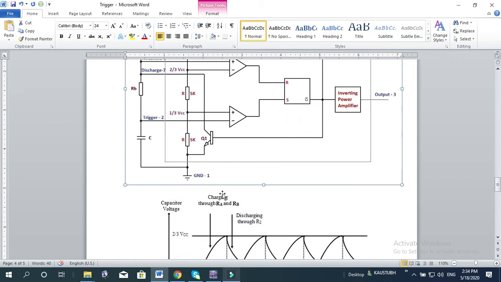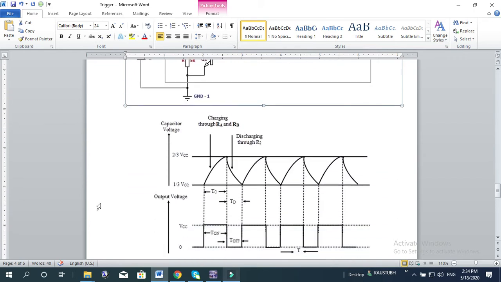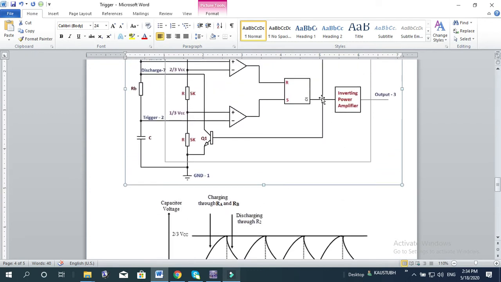Okay, so during the charging time, this output will be high, and once it is high, the moment it goes low, this transistor switches on and the capacitor starts discharging.